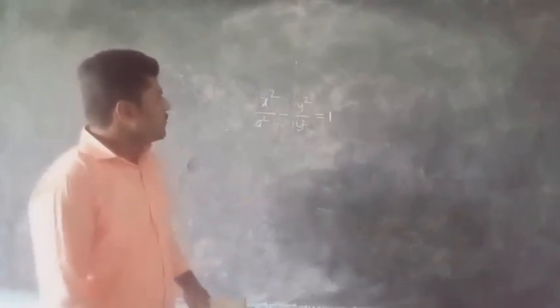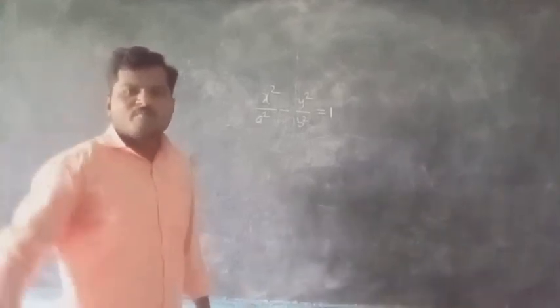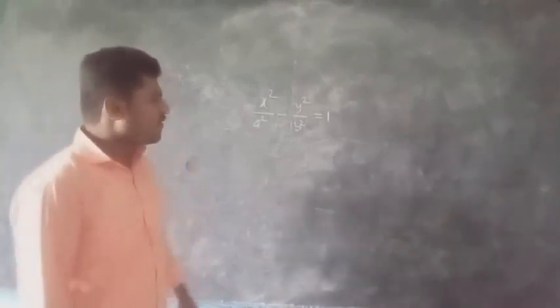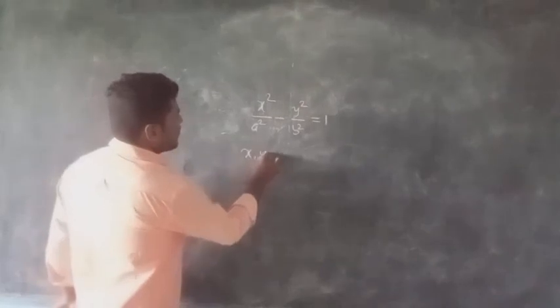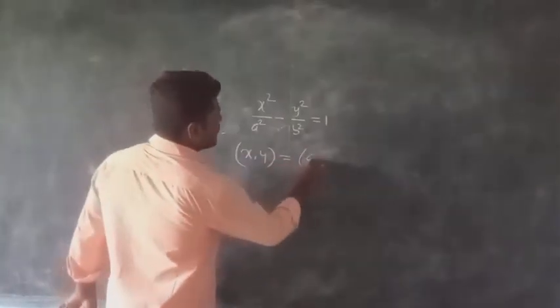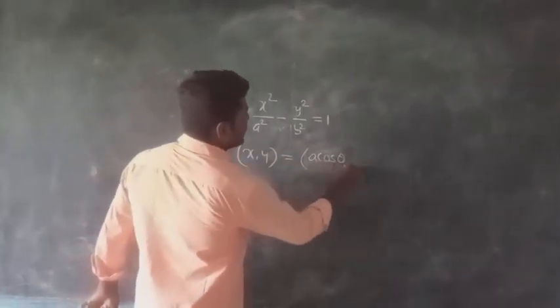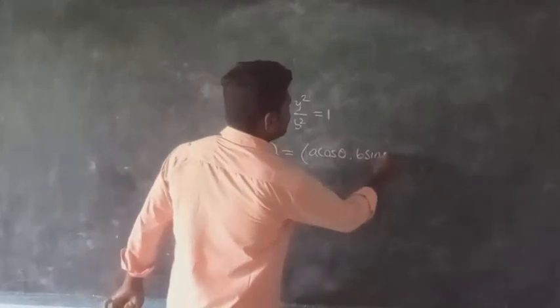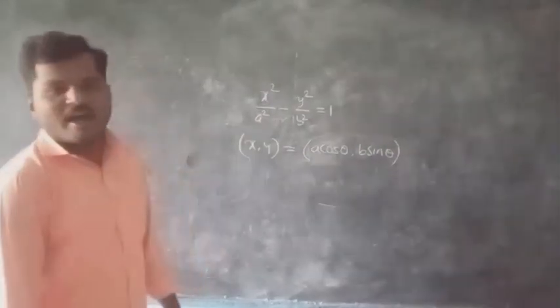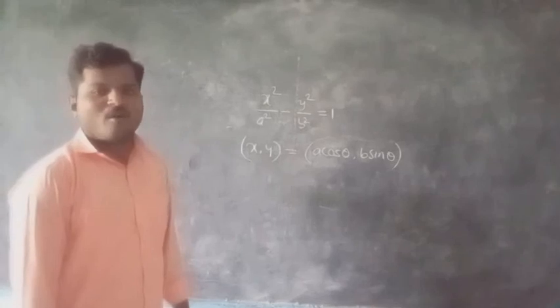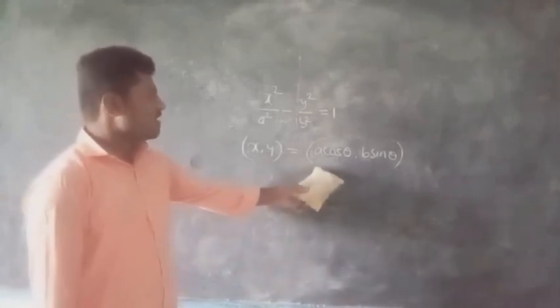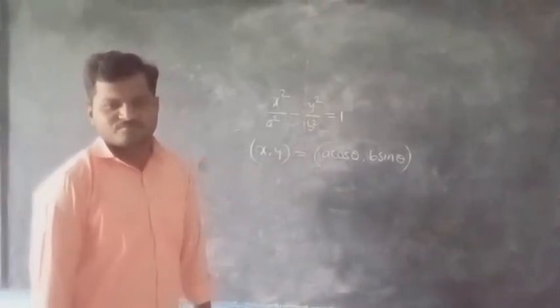Okay, on the hyperbola, the points are in the form of (x, y) equal to (a cos h theta, b sin h theta). The points on the hyperbola are in the form of a cos h theta comma b sin h theta.